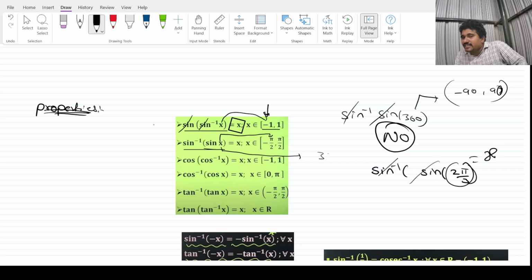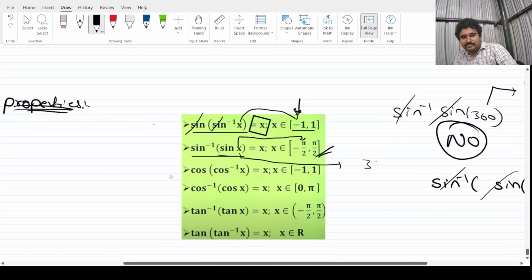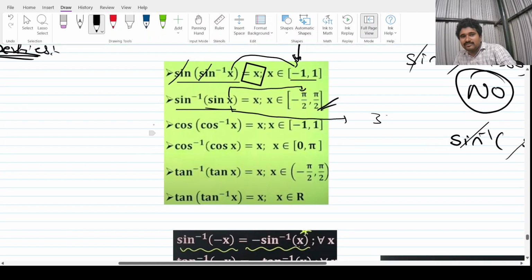If x is within the range, within the given domain of x. Are you clear? Please write these properties carefully. Give the importance and write.